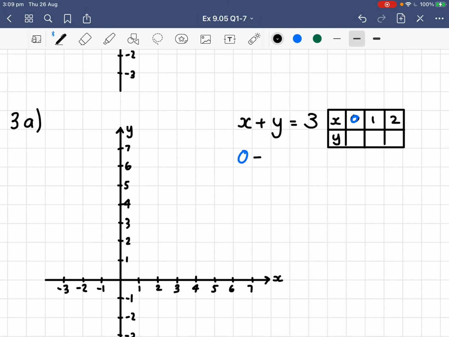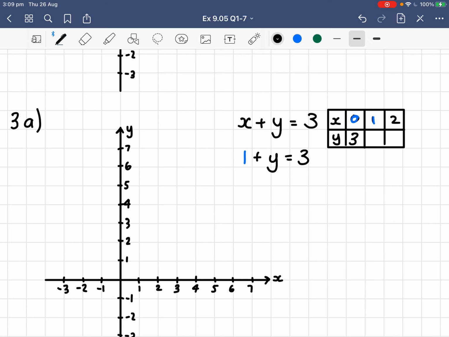So if I put in my x value of 0 into my equation, I'll have 0 plus y equals 3. 0 plus y is just y, so y will equal 3 in there. Now if I put in my x value of 1, I'll have 1 plus y equals 3.